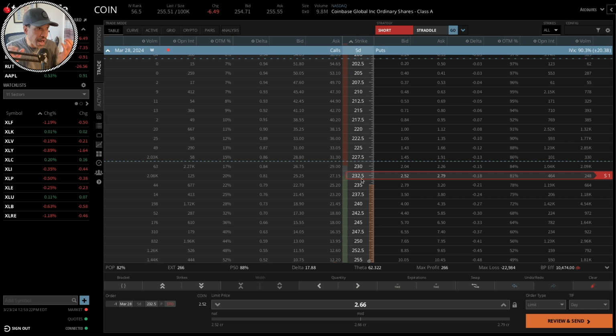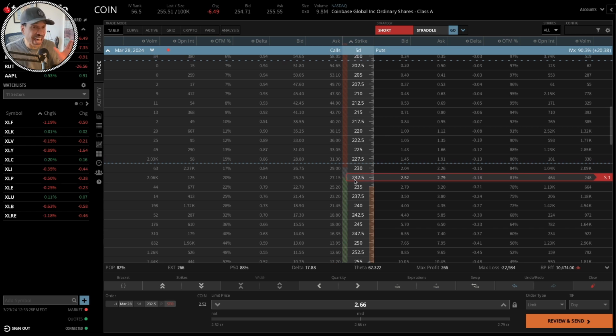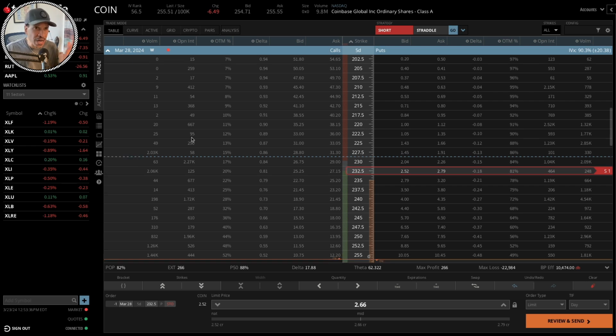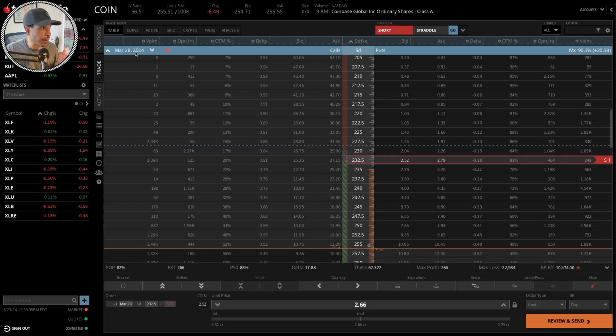So I'm willing to buy 100 shares of COIN for $232.50 per share if, on March the 28th at 4:00 p.m. Eastern Standard Time, the value of COIN is below my strike price of 232.5.